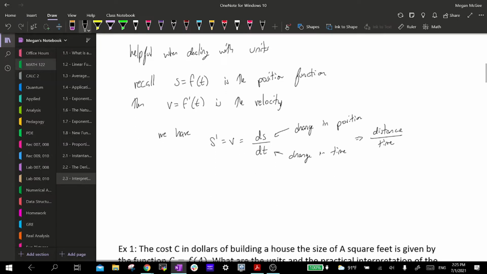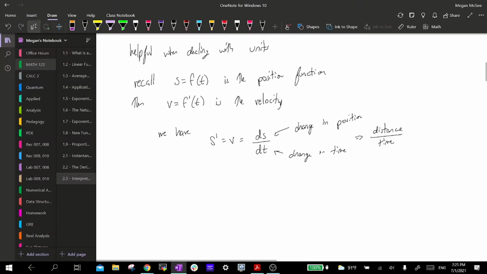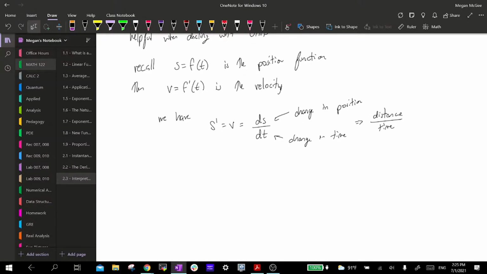The only quote-unquote disadvantage of our Leibniz notation is it's a bit awkward to specify the value that we are evaluating at.